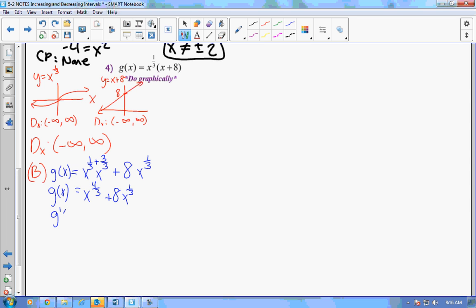So g prime would be 4/3 x to the what? 1/3, because you subtract 1, meaning subtract 3/3, plus 8/3 x to the negative 2/3. And I saw you went into the root form because the negative would put it down in the bottom and be a cube root. Okay, if we did product rule.